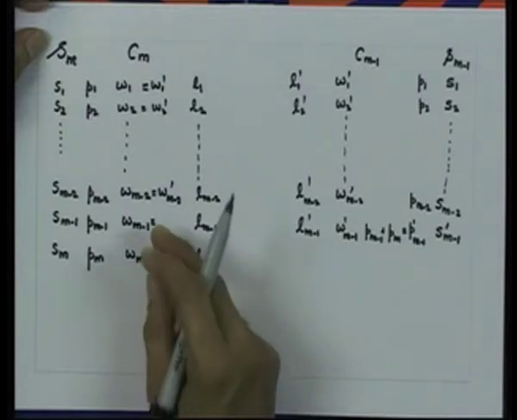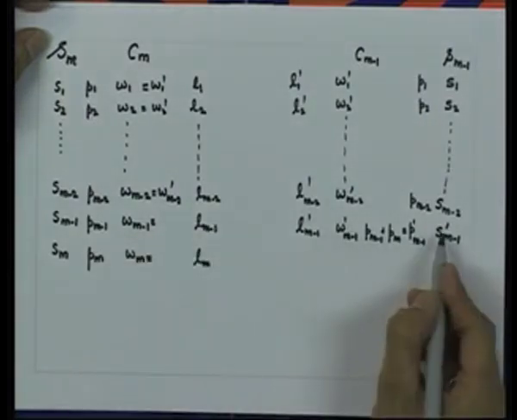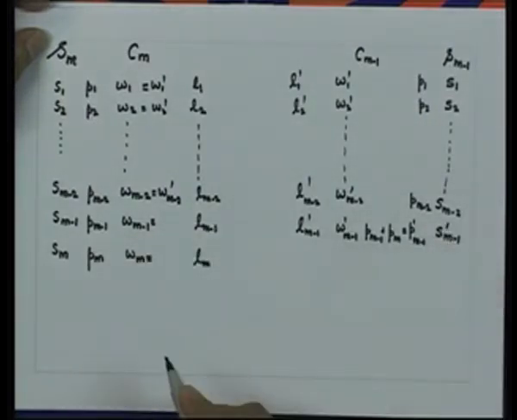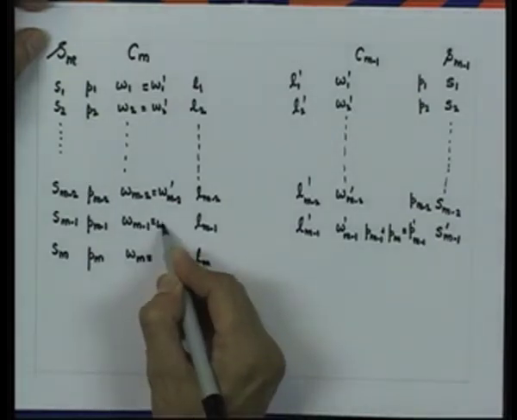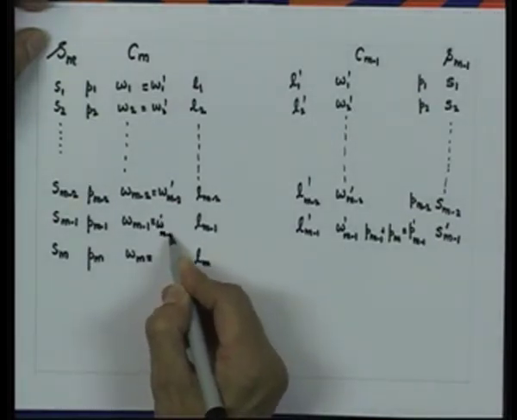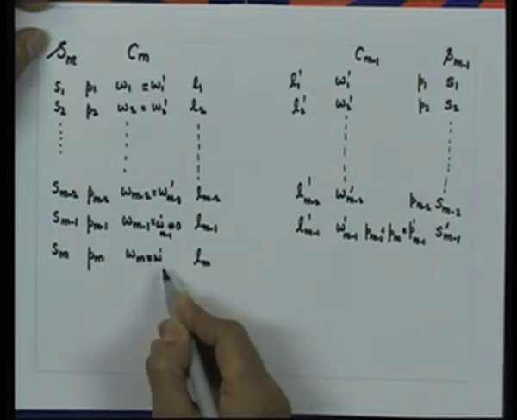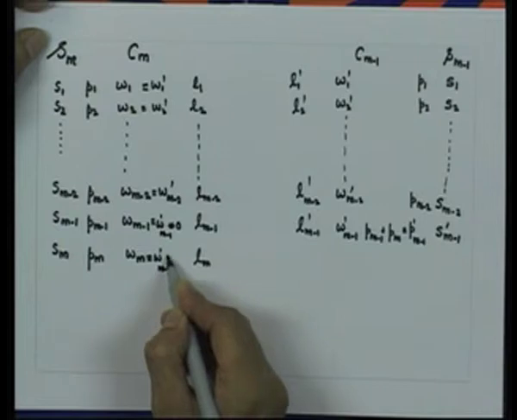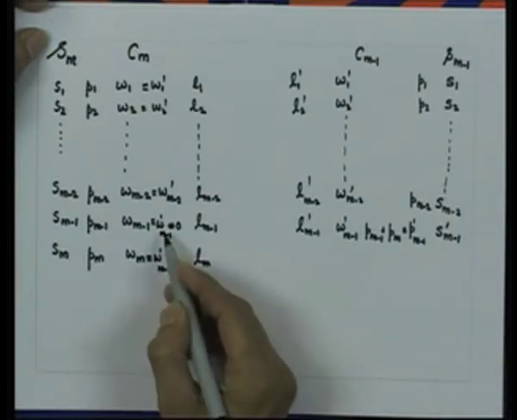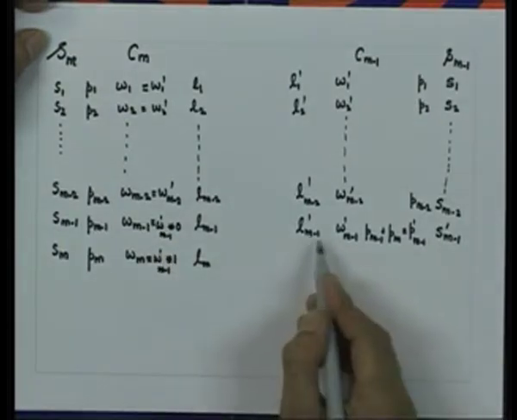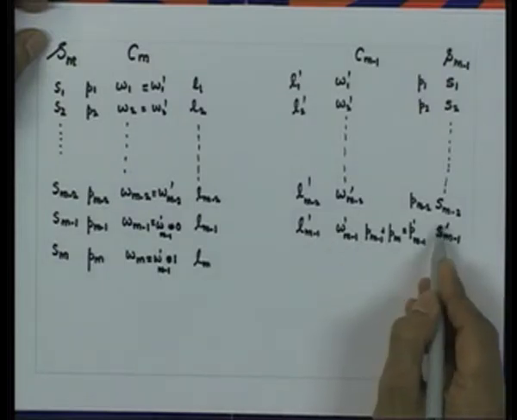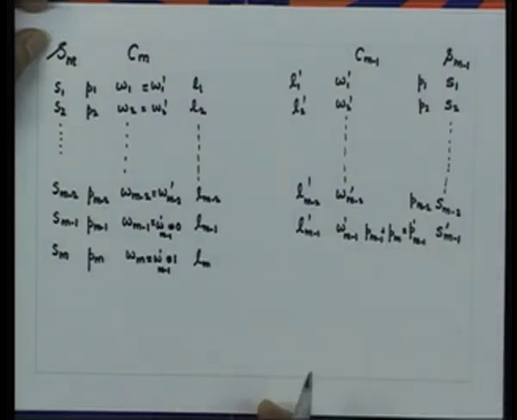The common prefix will be the code word of S'_(m-1). So W_(m-1) is given by the prefix concatenated with 0, and W_m by the prefix concatenated with 1; the common prefix for both is the code word for this reduced symbol.